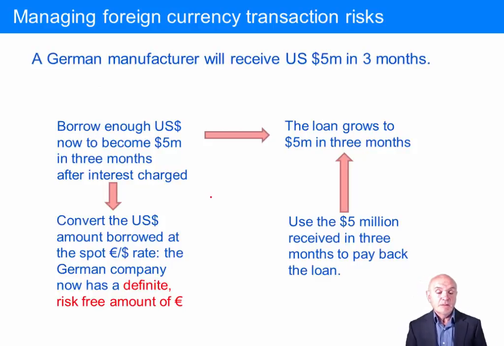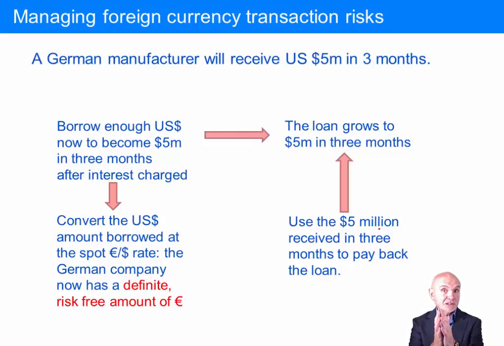So here we have an example. We are a German manufacturer. We're going to be dealing in euros. We are going to be receiving $5 million in 3 months. Now, we know that in 3 months' time, $5 million is coming in. If we had, in 3 months' time, a $5 million liability, we could use the $5 million coming in to pay off the $5 million liability.